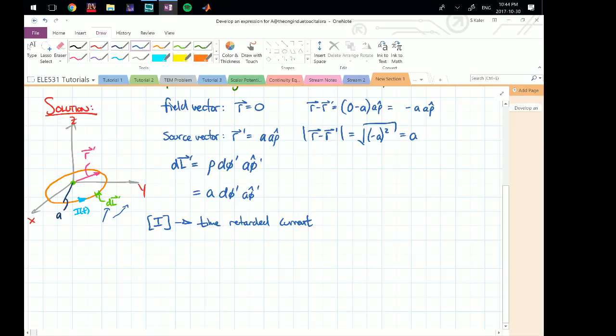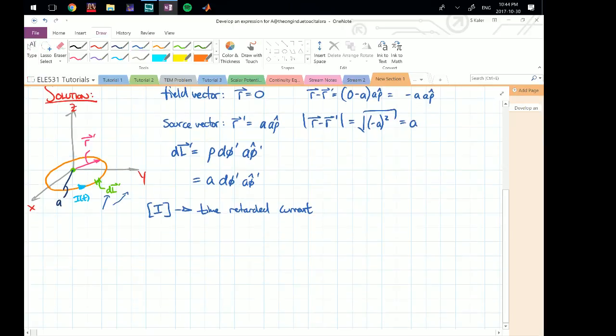So basically what I do in an expression taking into account time retardation, I simply replace every t with a t prime, and I say that t prime is equal to t minus R over u, and I say that R is simply equal to the magnitude of r minus r prime, so that was useful again, and u is going to be the speed of propagation. If you know anything about electromagnetic waves, you know that they travel at the speed of light most of the time.